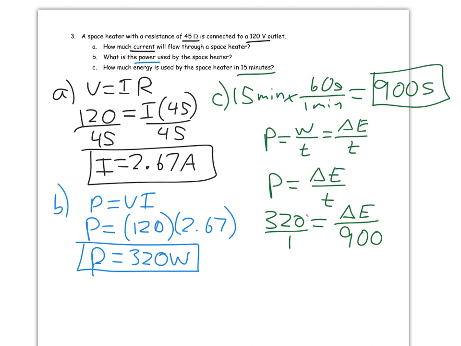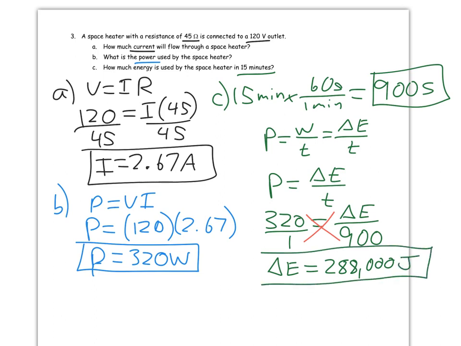I would cross multiply from here, and what we end up getting is the amount of energy used by this space heater is going to be 288,000, and it's going to be joules because that is the energy used by it.